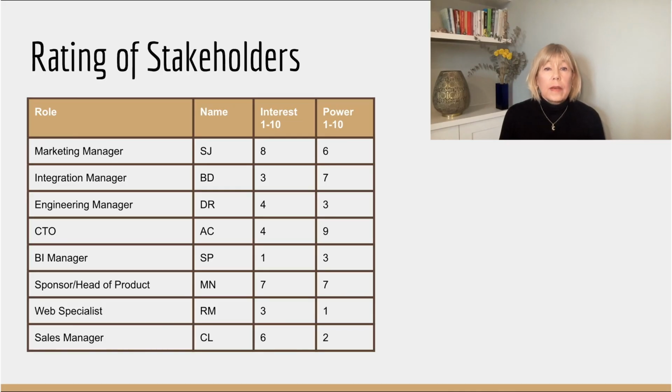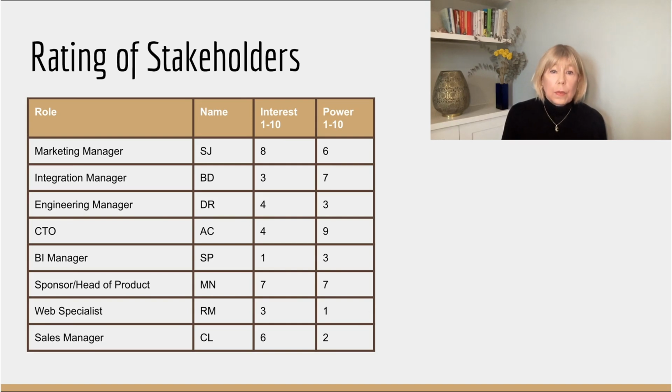The simplest way of rating your stakeholders is the following. For each stakeholder, you rate them on two scales, power and interest. The rating is representing how much power they have over your product or project and how much interest they have in the product or project.